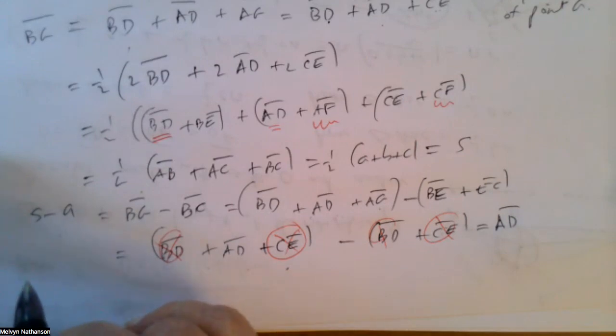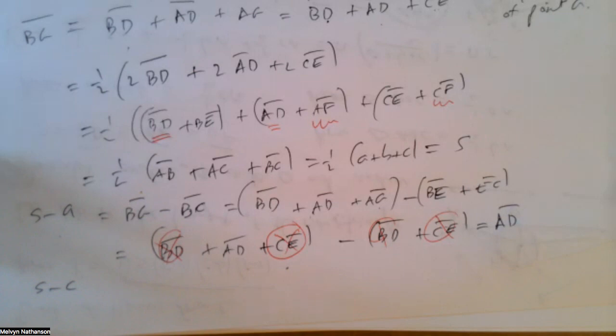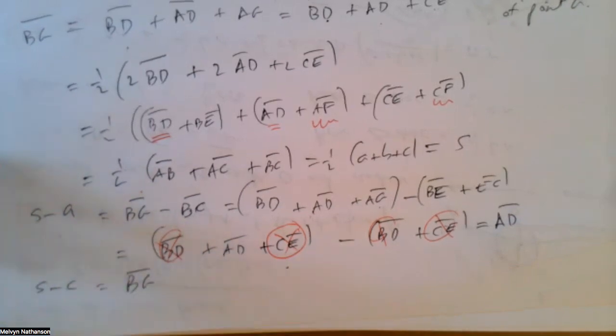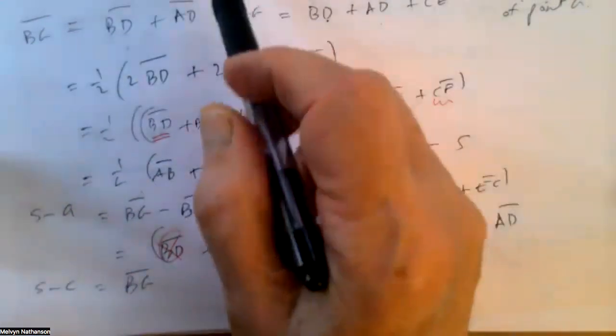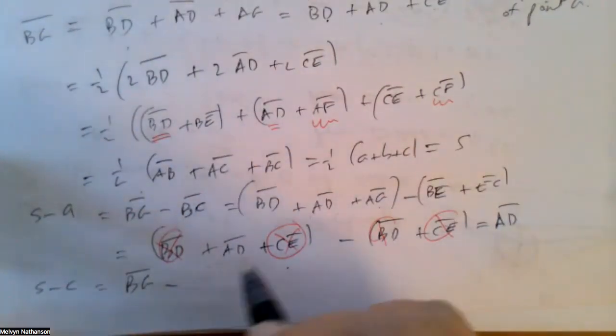Let's look at S minus C. S minus C is what? S is the length of BG.